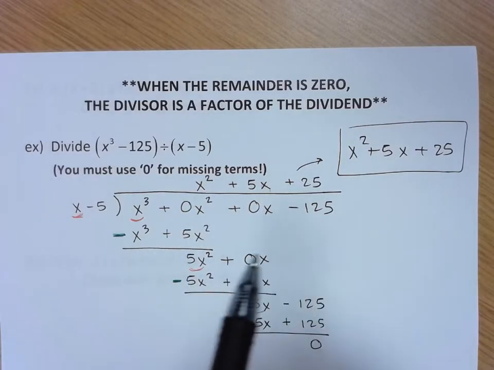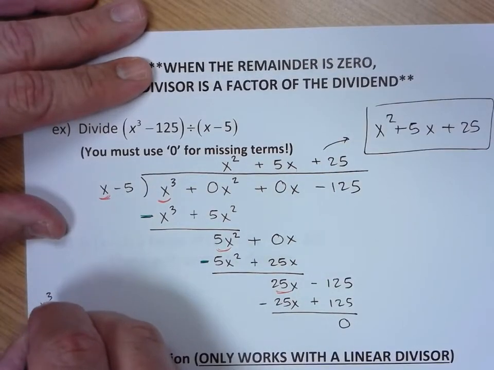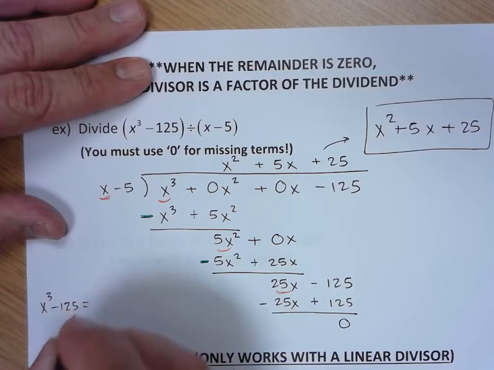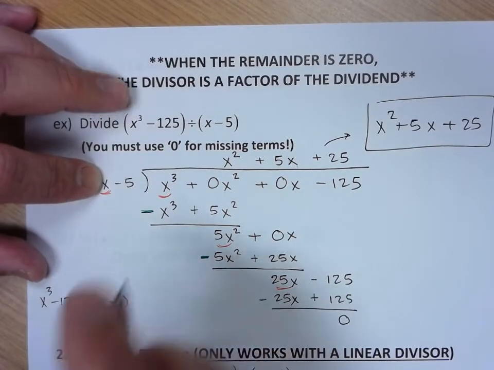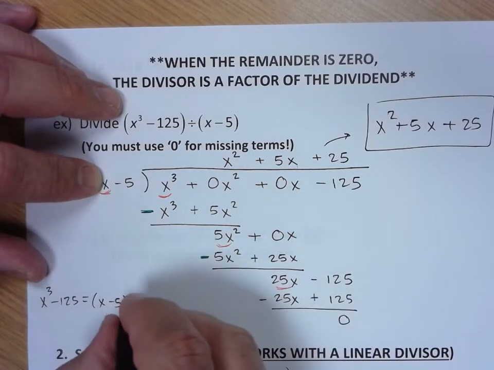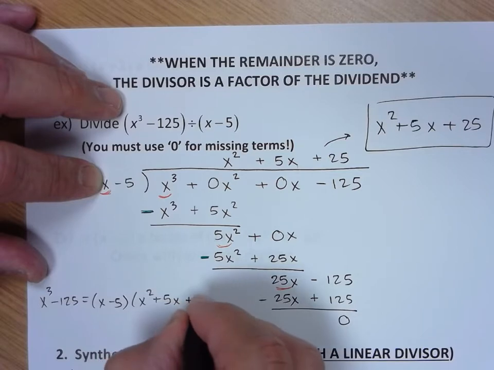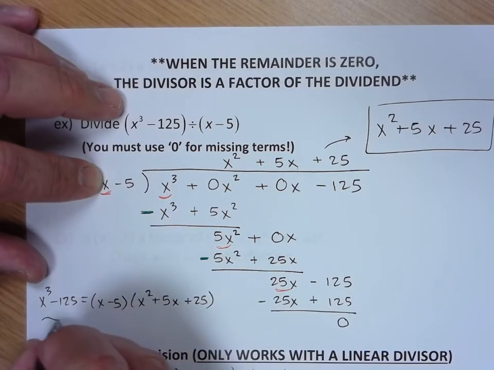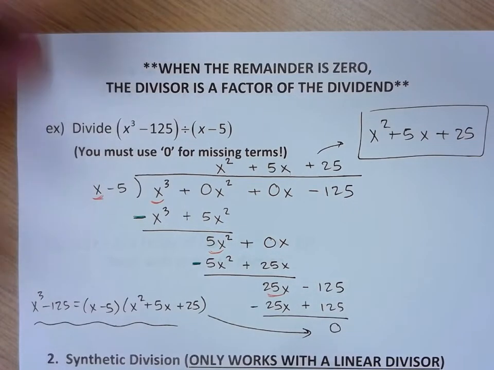So this technically means x cubed minus 125 can factor as the x minus 5 we divided out, and the other factor left over is your quotient, x squared plus 5x plus 25. But the only time that's reliable is when you get a 0 remainder. 0 remainder means you just found an actual factor. Okay. All right, coming up next is the other division algorithm I've got to show you, which is synthetic division.